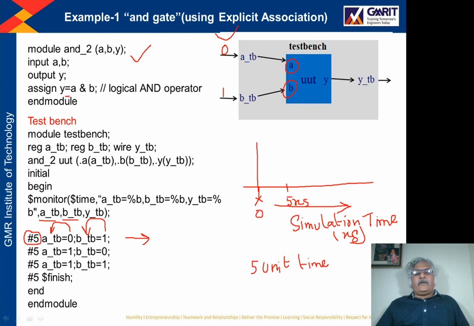Now this statement will be executed with a equal to 0 and b equal to 1. This will be evaluated, so the result is 0 because this is the AND operation, and 0 will be assigned to y. So now y will have 0 and this 0 will be assigned to y_tv, since this is instantiated with y.